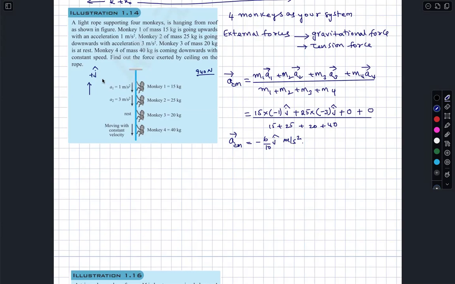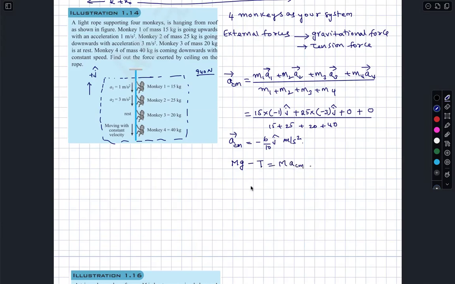Now, if I take the entire portion as my system, mg minus T is MACM.